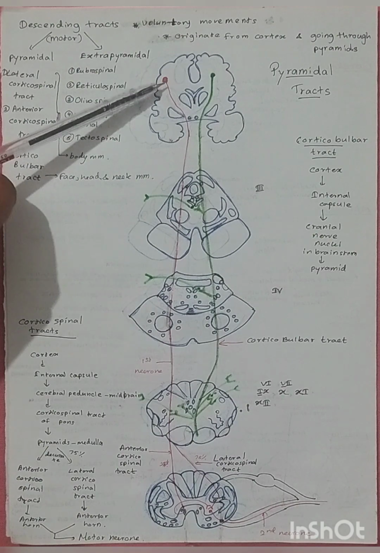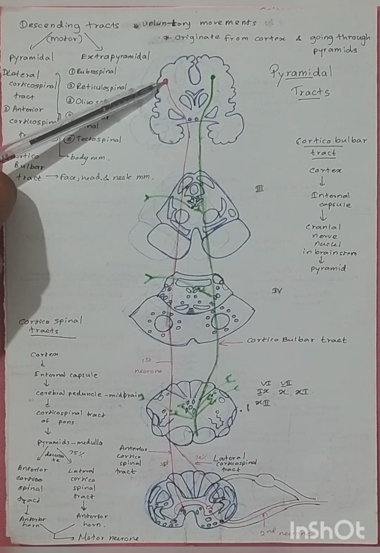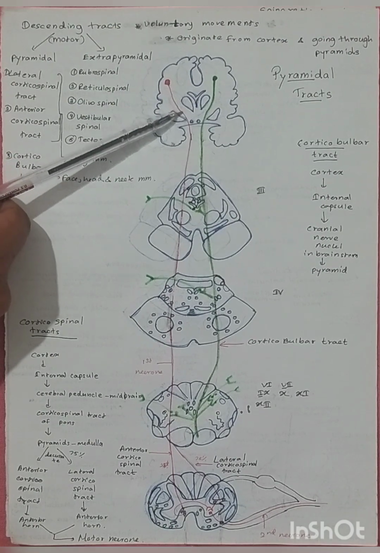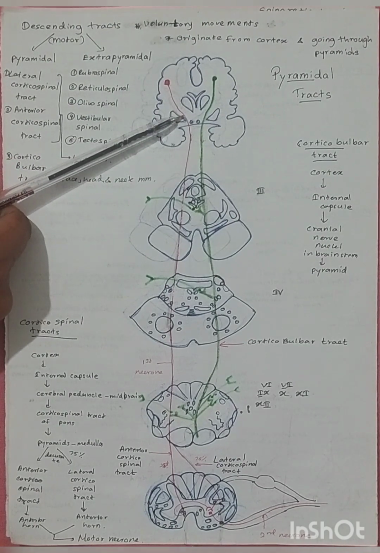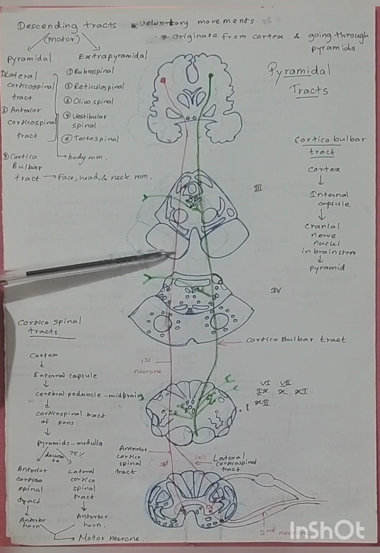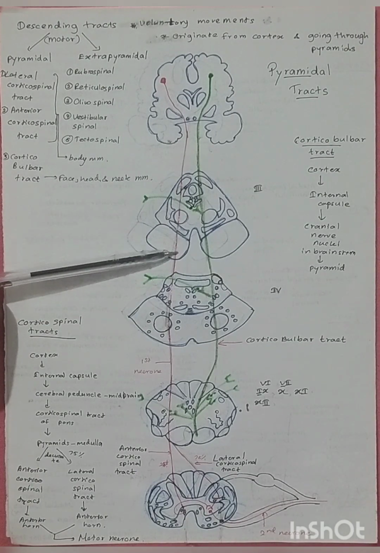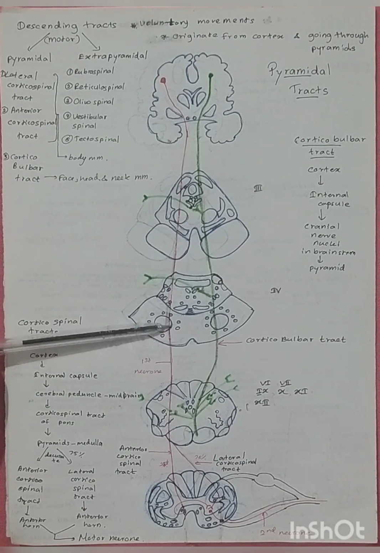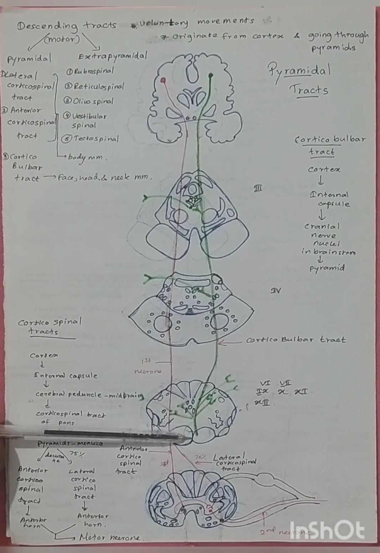Here, first the tract is starting from the cerebral cortex, and it's passing the internal capsule of the cortex. Then it's entering the midbrain and crossing through the cerebral peduncle, and then the pons, it's crossing the corticospinal tract of the pons, then crossing the pyramids of the medulla oblongata.